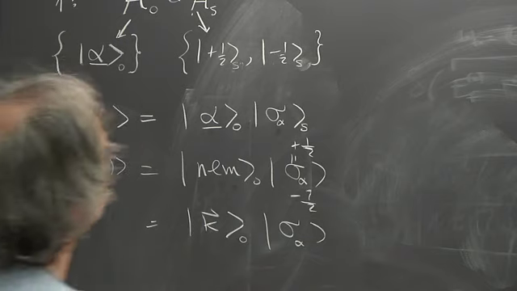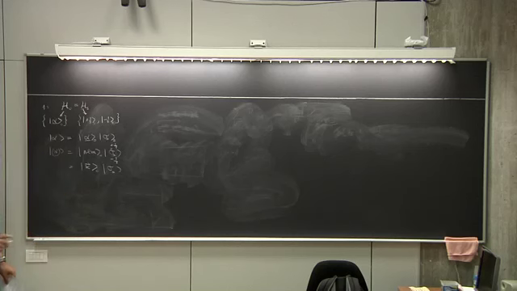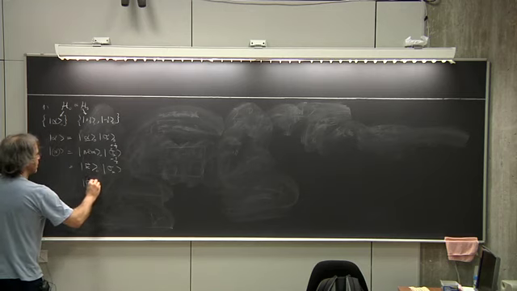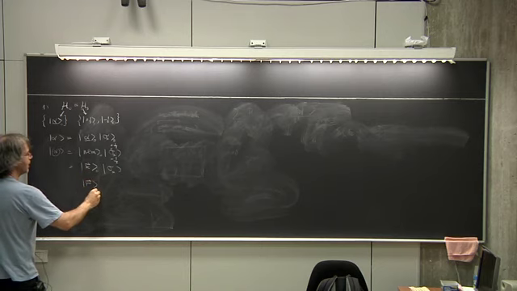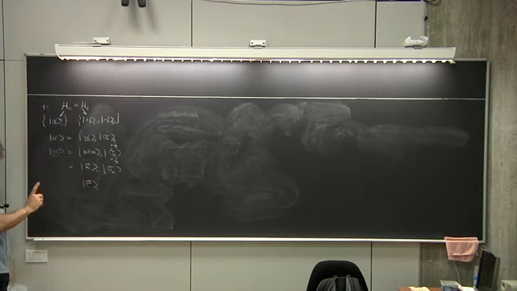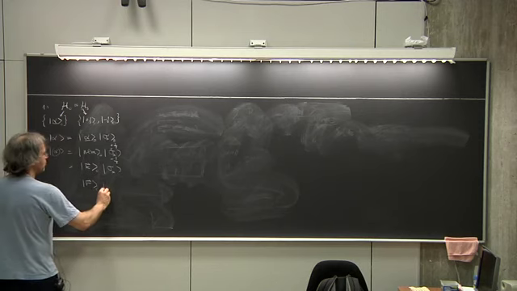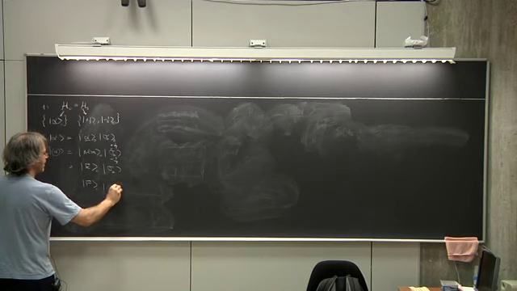In the same spirit, for instance, I might use the position basis. You remember the position eigenstate is a rather singular object. It's essentially a delta function at a certain point r, and a spin.